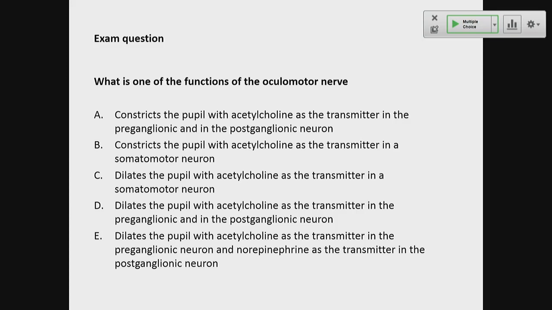Okay, so those were the two questions that caused the most trouble. On almost all of the other questions, at least 80% were correct.